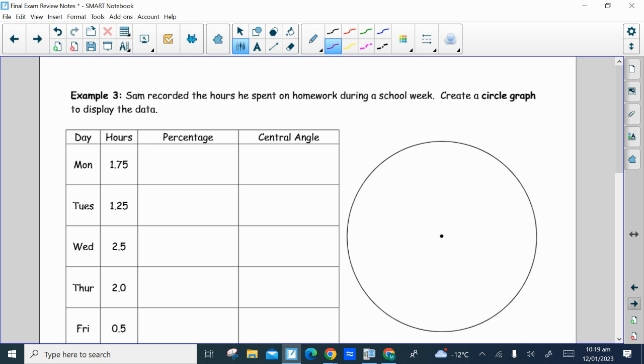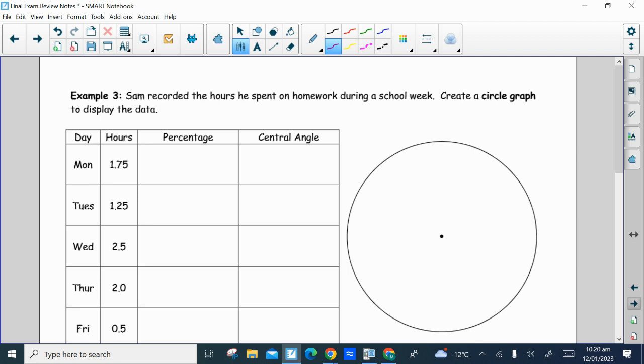All right, so for this next part, circle graph, we need protractors. So if you need a protractor, you can come and grab one, because we're going to do a circle graph.